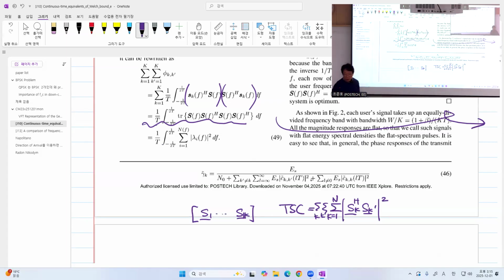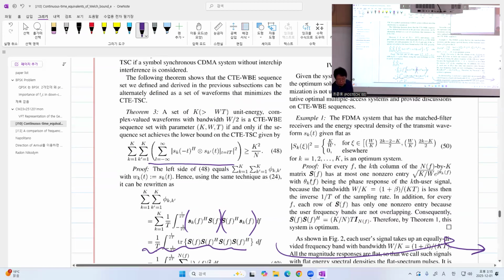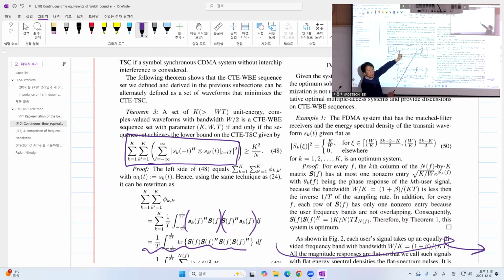So if we generalize this total squared correlation, we have this one. See that? Now we have infinitely many symbol estimates sampled at every t. So this is the received output sampled at LT. It's squared and summed over for all L, the delay, and summed over for all K and K prime.